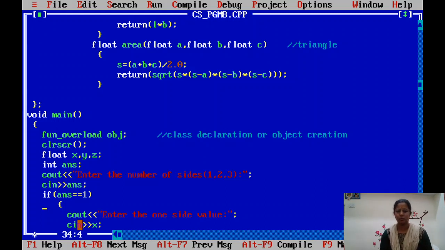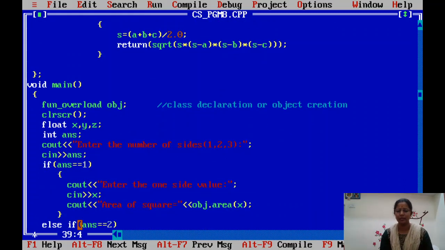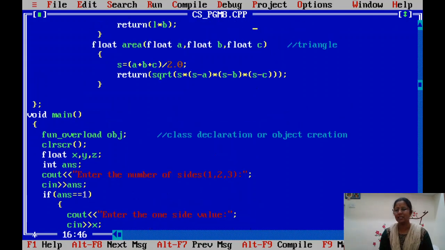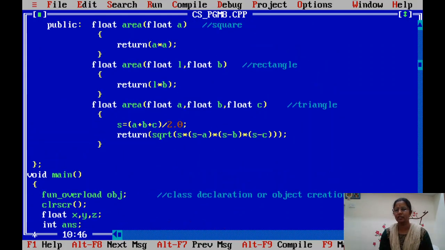If the answer is 1, how many values should you enter? Only one value. Enter only one side. Whatever value you give will be carried by your function call. So the function call is invoked along with the argument. How many arguments? One argument. When the function gets invoked, it is going to match the definition of the function where the one-argument function is defined.